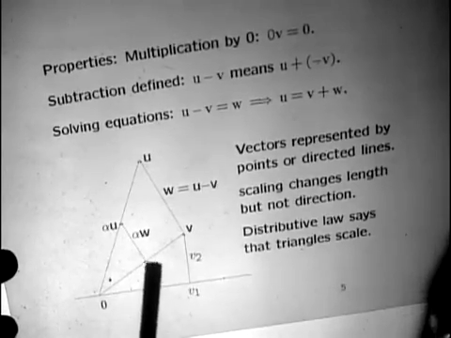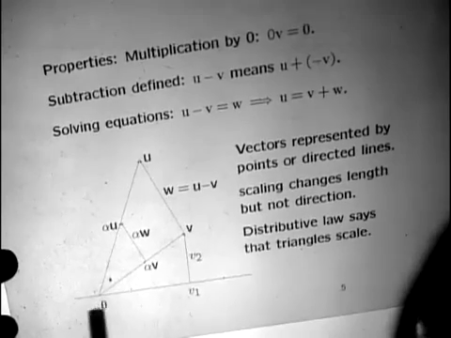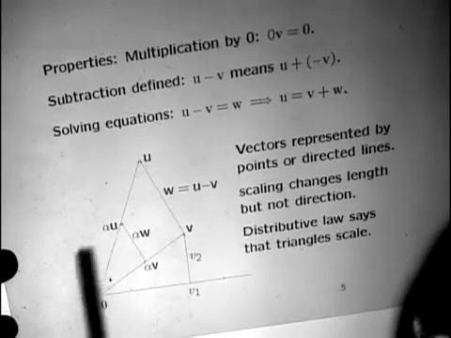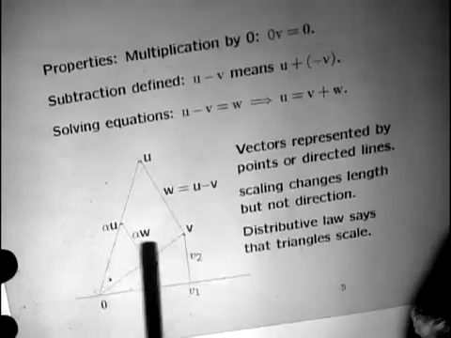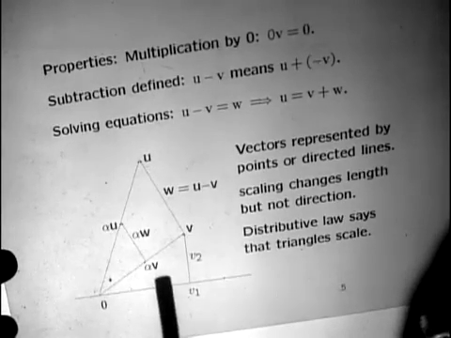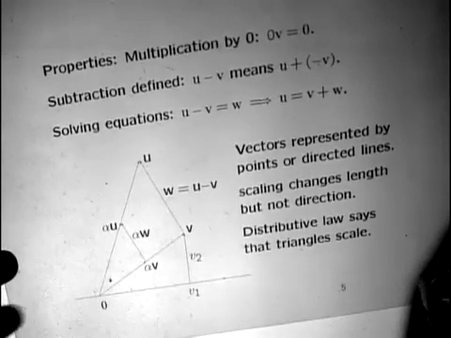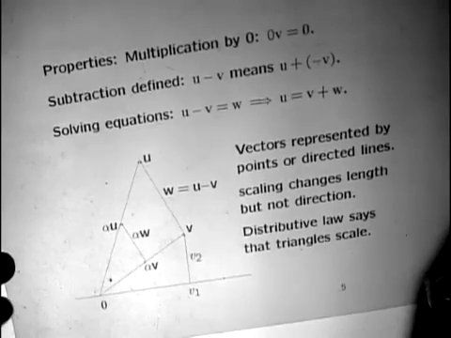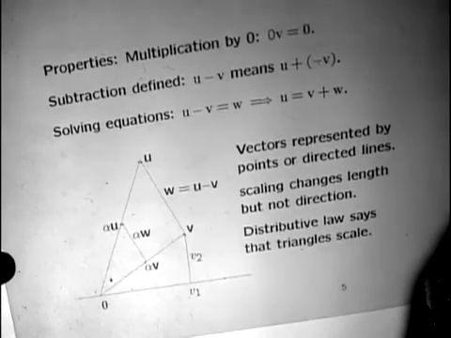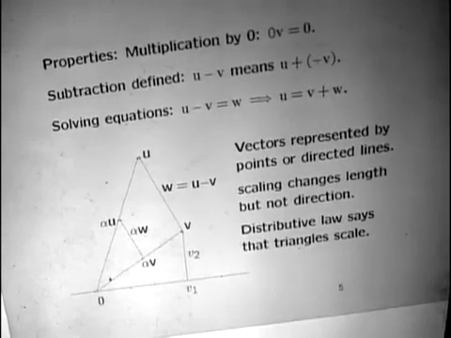The interesting thing here is when I scale V down by alpha and I scale U down by alpha, I can also scale W down by alpha, and I connect it just like that from alpha V to alpha U. Which axiom is that? I mean, this is the canonical example of one of those axioms.